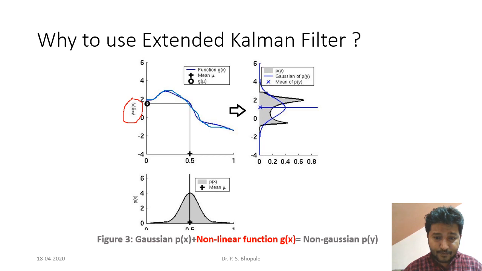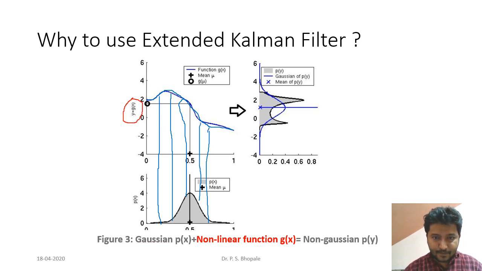It can be seen from this figure also that the input x is transferred through this nonlinear function, and we get output y, but that output will not have a Gaussian distribution.